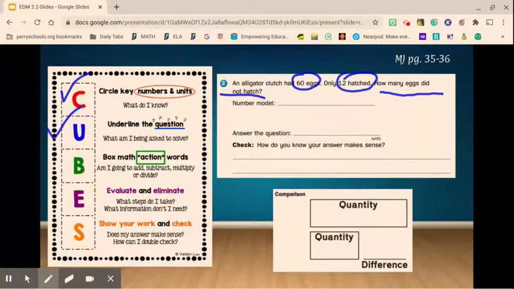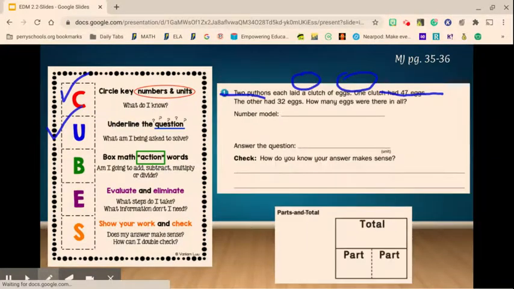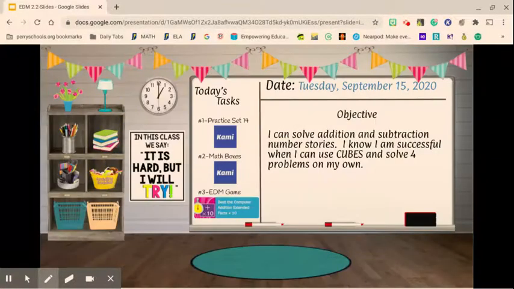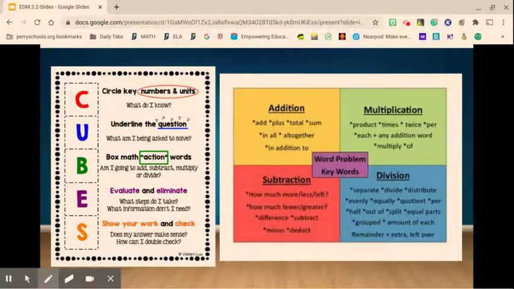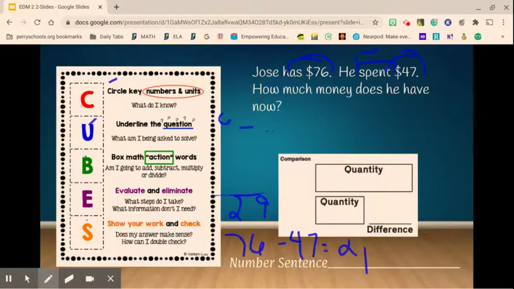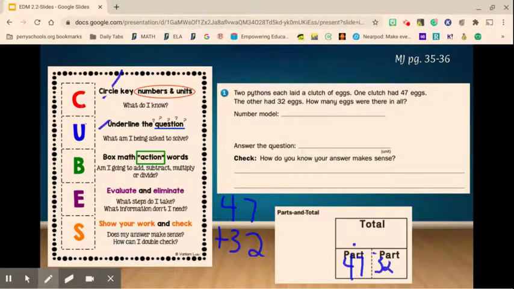Check that off. My math action words: there are no math action words on my page. It doesn't have any of these words that could help me understand the correct way to solve the problem. So I have to use some thinking on my own.